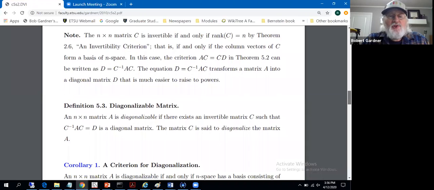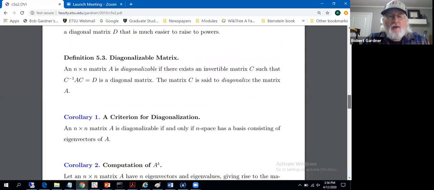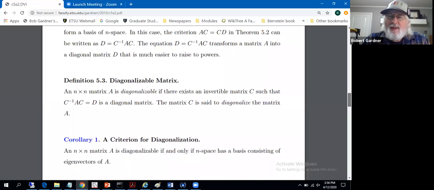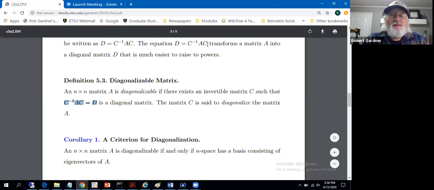One more definition, and then we'll look at a result or two, and then finally do an example to illustrate this stuff. It'll be mechanical when we do the example. All right. An n by n matrix A is called diagonalizable if there exists an invertible matrix C such that C inverse AC equals D. I've chosen to write it like this. They've got D on the right-hand side instead of the left-hand side, but that's equivalent to what we have here.